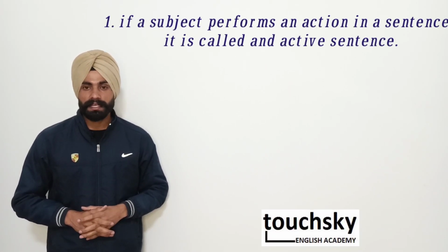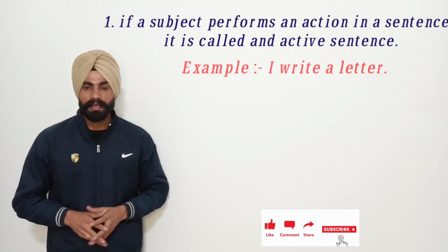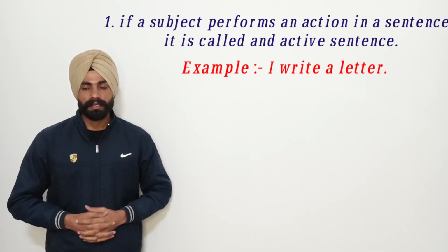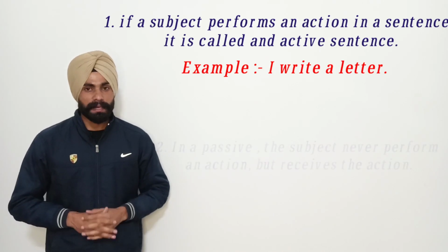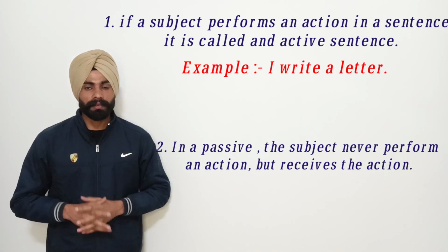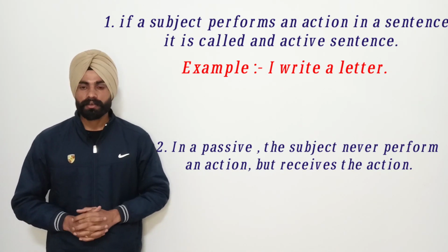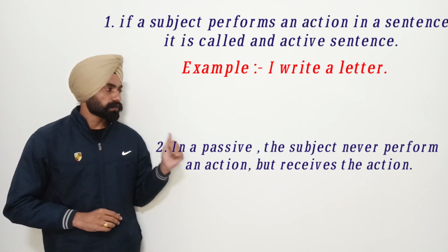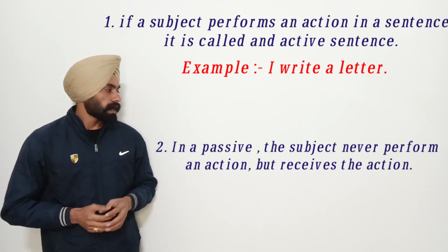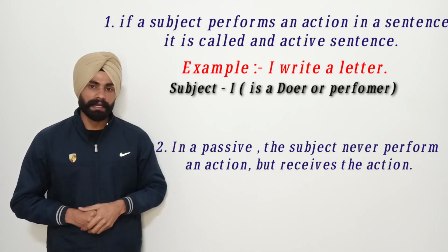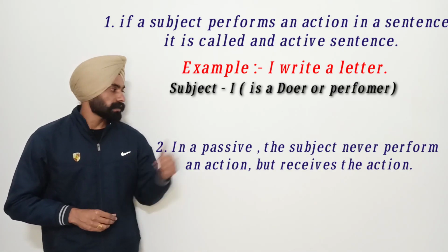Every sentence in which a subject performs the action is called an active sentence. On the other hand, in the passive voice, this structure is totally opposite. In the passive voice, the subject does not do any action, but actually it receives the action. For example, in the first sentence, I write a letter, I am the subject and I am performing the action, that is write.